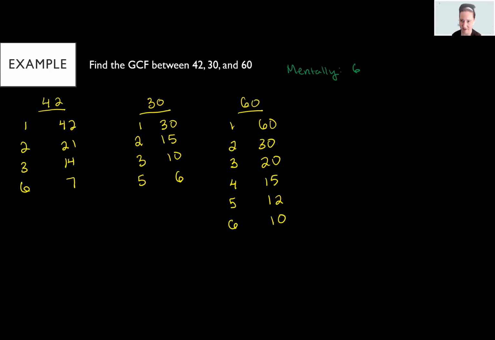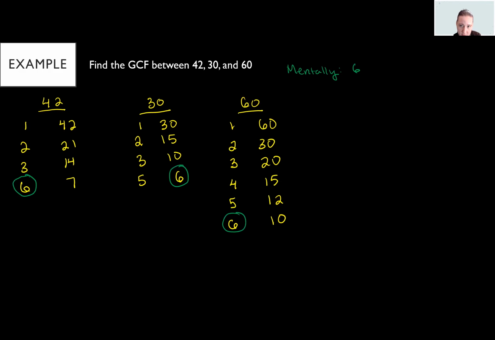Sometimes it helps to start from the biggest one and then see if the other two numbers have that number in common. Between 42 and 30, the 6 is the biggest one that they have in common. You can even look at the smaller ones and go from there. They both have 6 in common, and then just make sure that's on your third number.